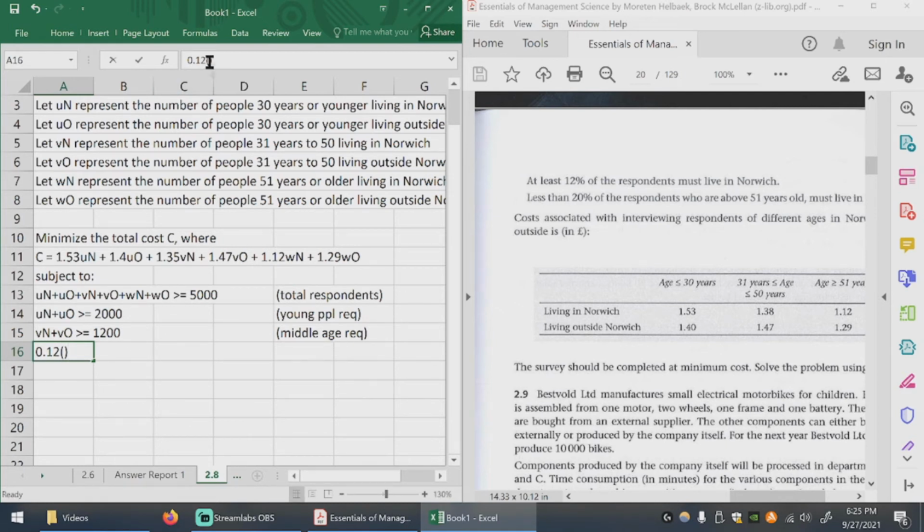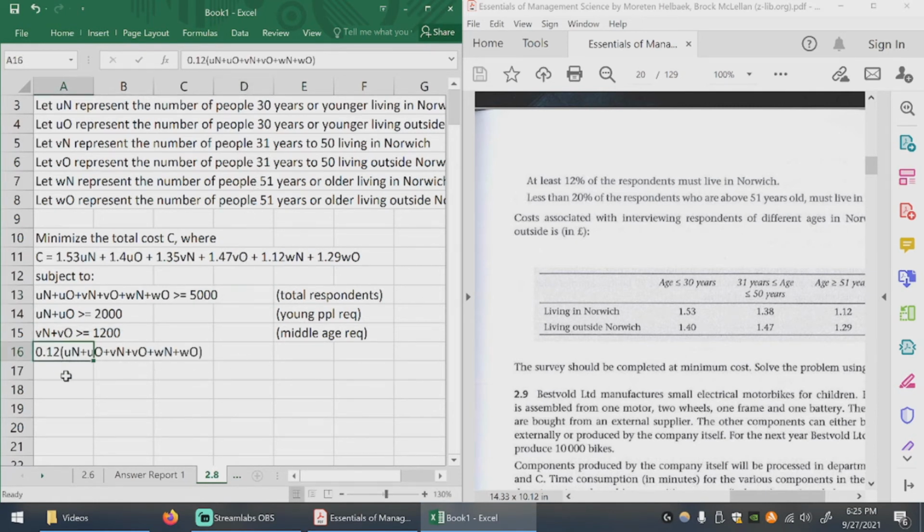Let's start to write that in. 12%, 0.12, multiplied with the total. Now I'm going to cheat because I'm lazy. I already have the total here, don't I? There's no need for me to type it all in again. Let's put it in there. Paste.